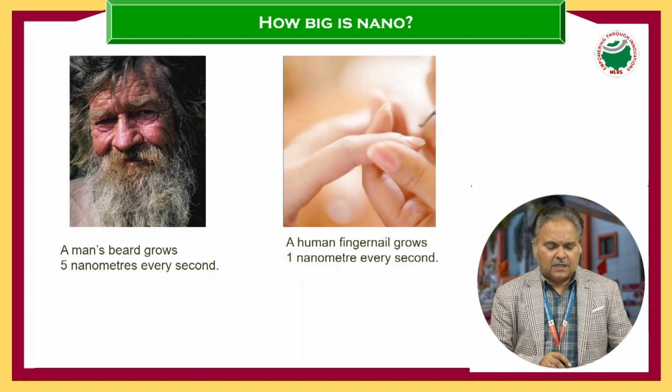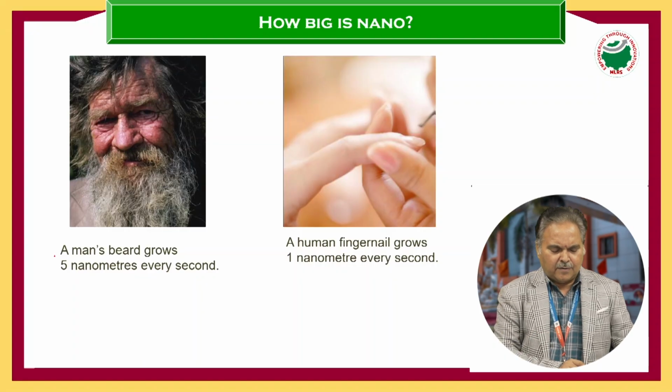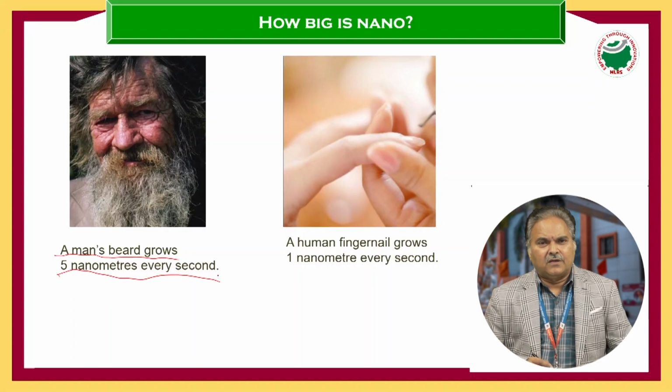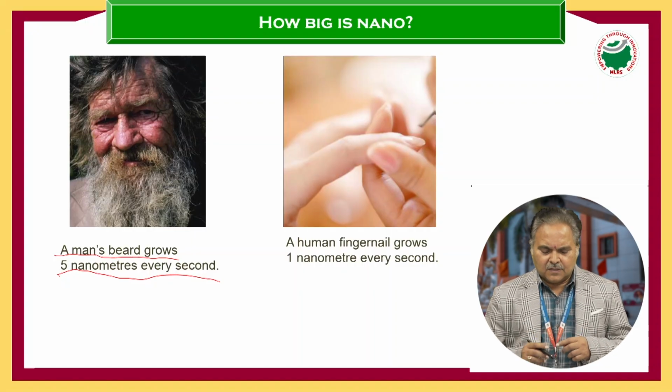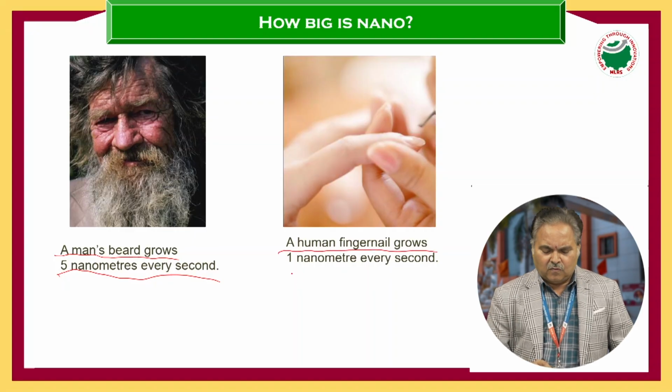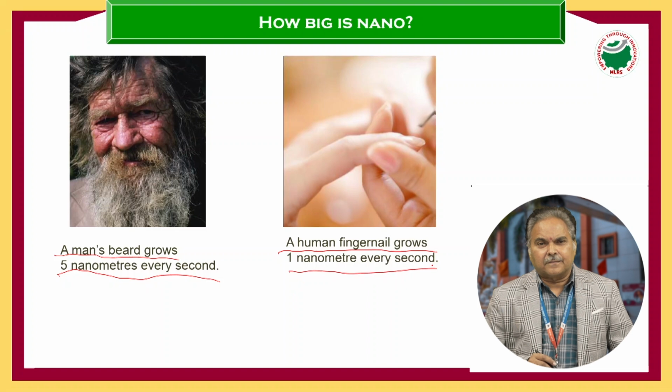So you can see, if it is a bearded man, his beard grows 5 nanometers every second. 5 nanometers every second, this beard will be increasing every second. Similarly, our nails, women's fingernails also, will grow 1 nanometer every second.